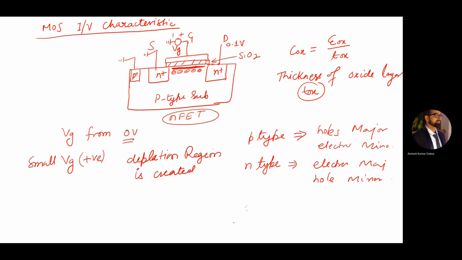Under this condition no current flows, because no charge carriers are available. So the drain current ID is 0, because these ions are not movable. Ions cannot move, so they cannot support the flow of current.